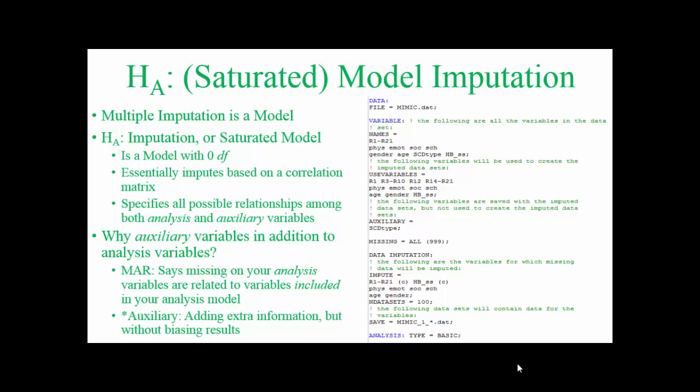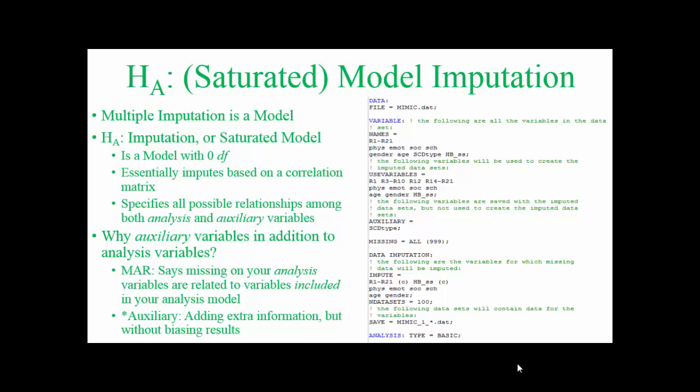So by throwing in auxiliary variables, I'm saying, basically, if missing data has anything to do with gender, age, or your quality of life, add it in, because every bit helps when it comes to missing data handling.